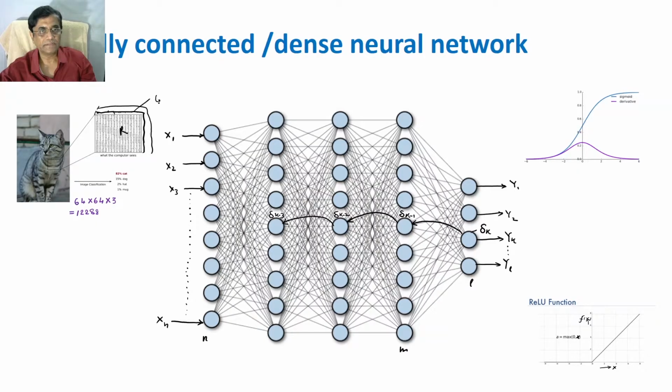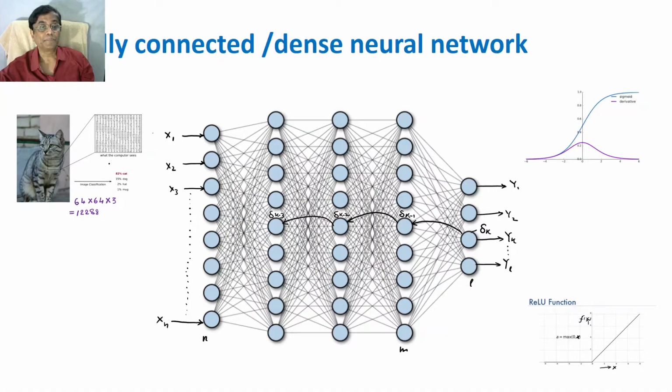This is G, this is B, for example. So if it is an RGB value, with 64 cross 64, three channels are there. Those are the computer representation of a cat.